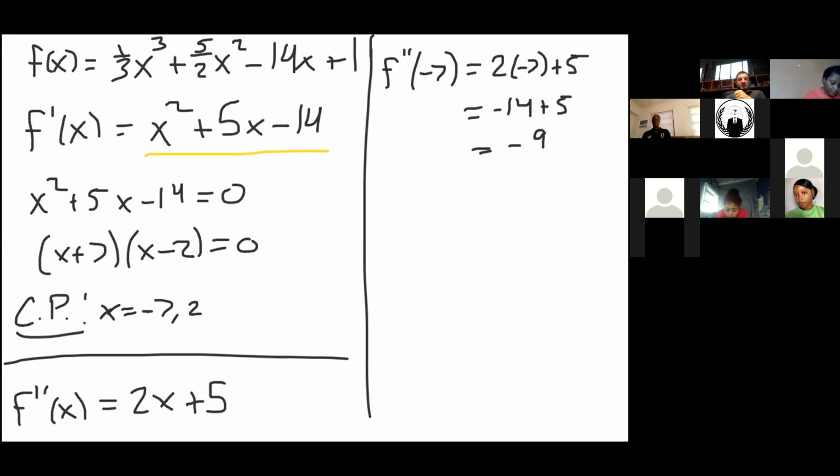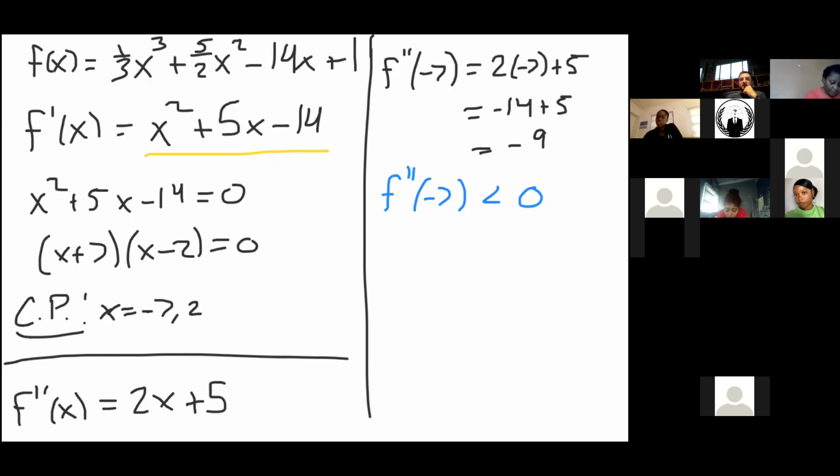Again, yes, we can calculate that value, but what we really care about is the sign. This is telling me that at negative 7, my second derivative is negative. So what do I have at negative 7? A relative max or relative min? Min? It's kind of counterintuitive. We have a max.